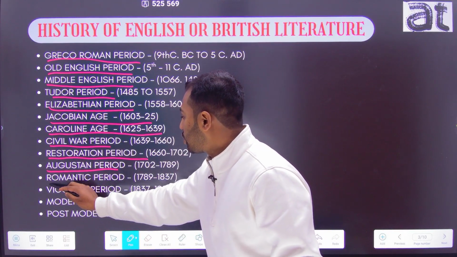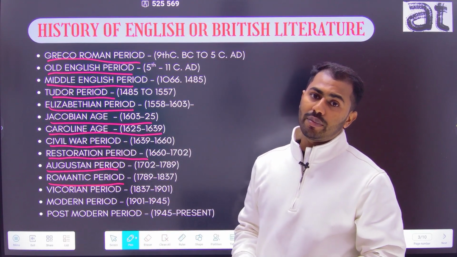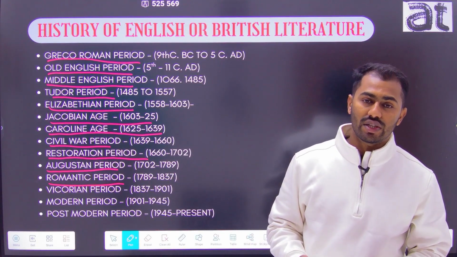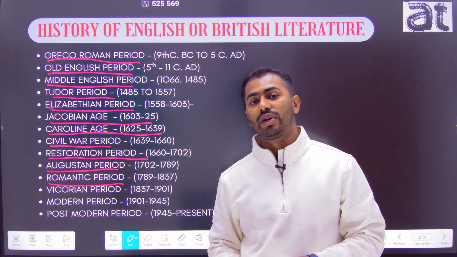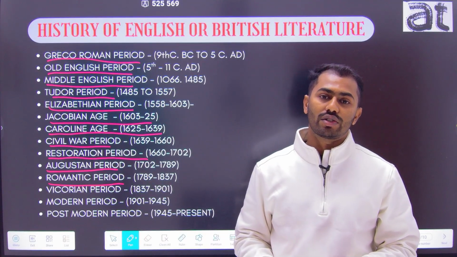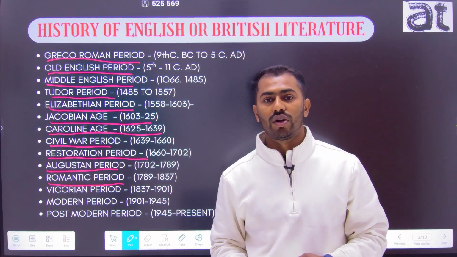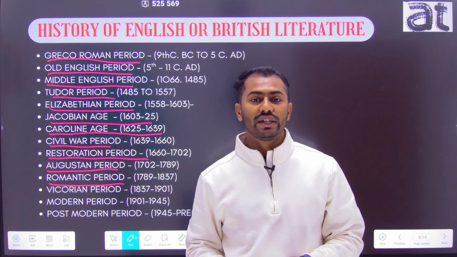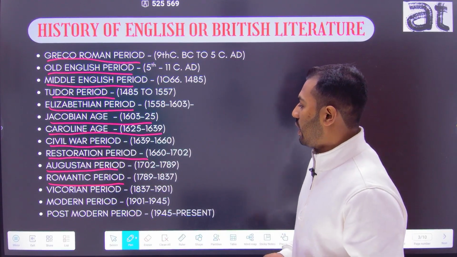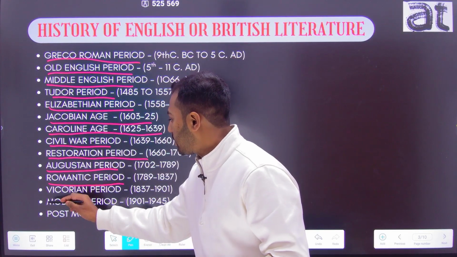After that comes the Romantic period. In the Romantic period, we will read first generation romantics and second generation romantics like William Wordsworth, Samuel Taylor Coleridge, Robert Southey, John Keats, P.B. Shelley.